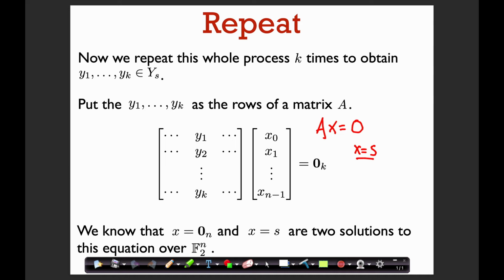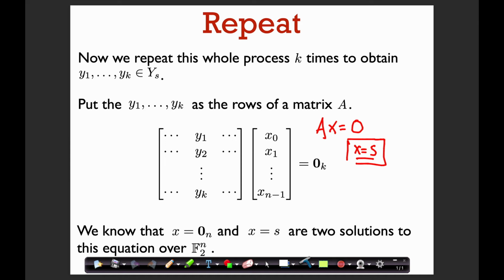Depending on the value of k, of course, there could be other solutions to this equation, but the important thing is that we know that s is always going to be a solution. Basically the idea is we just want to keep repeating this until 0 and s are the only two solutions. And if those are the only two solutions, then we're able to identify s.